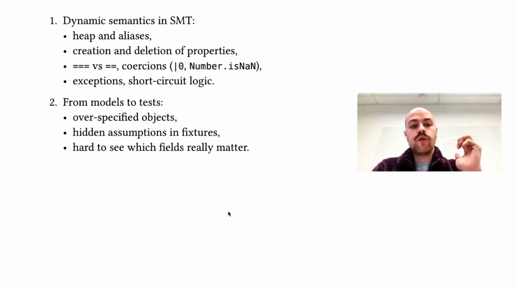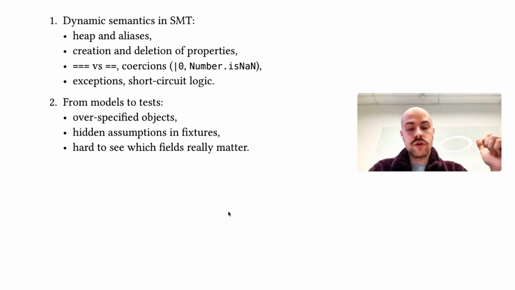We want to reproduce creation and deletion of properties, because in other languages it's impossible. So it's a unique feature of these languages. Also strict and unstrict equality, conversions, exceptions, short circuit logic, because it's a bit more complicated in JS as well, truthy types and so on. So some unclear properties of these languages.